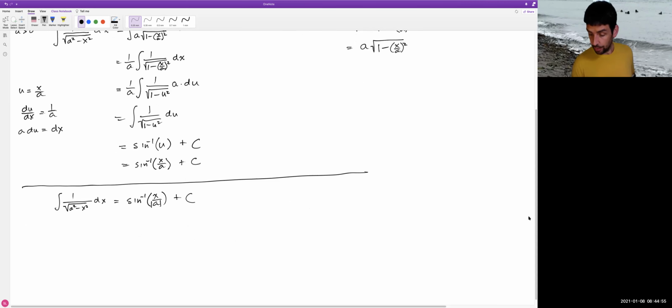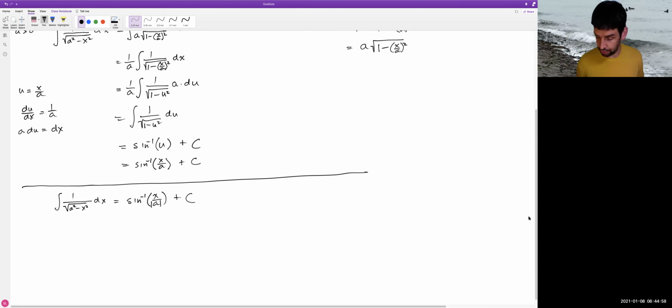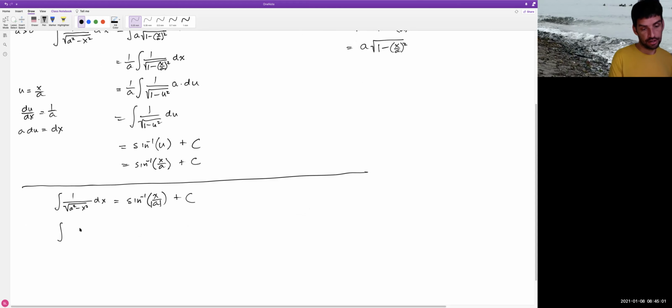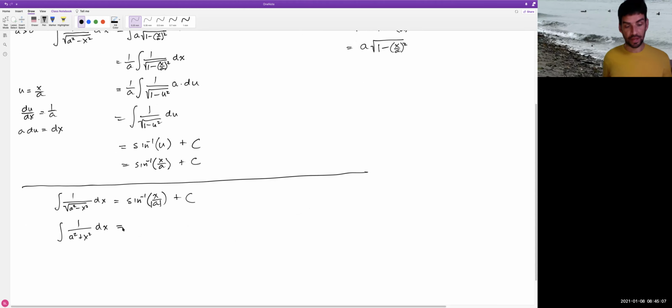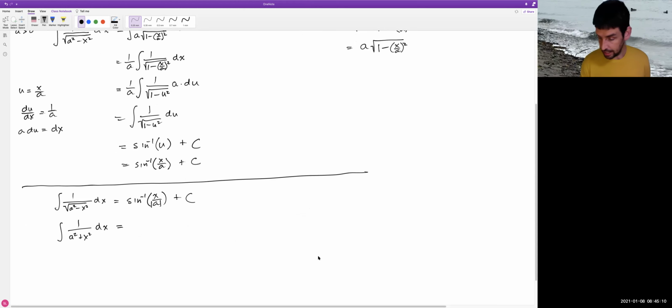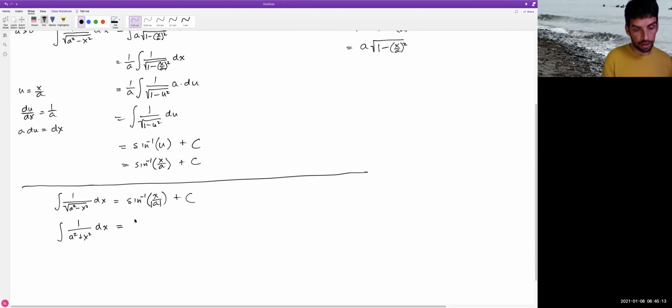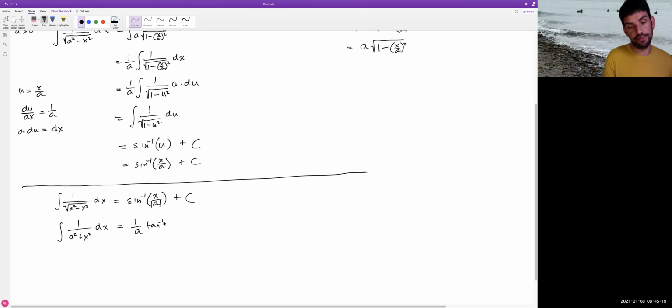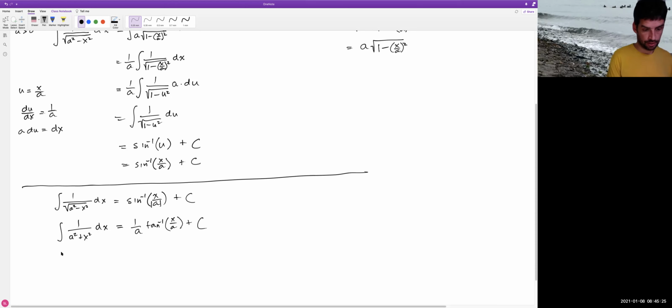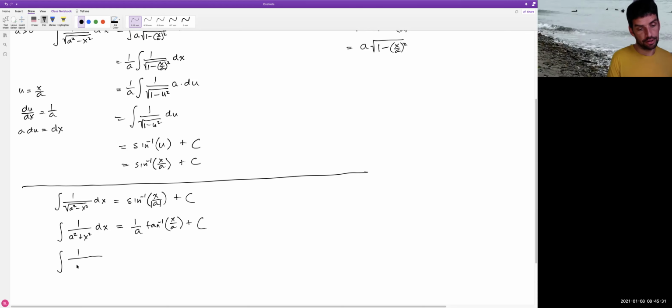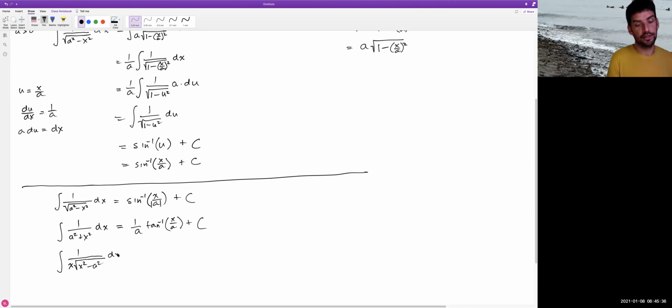In a similar way, we can get rules for some of our other inverse trig functions. So for instance, if we see something of this form, we end up with 1 over a tangent inverse of x over a plus c. And then one more, we'll have 1 over x times the square root of x squared minus a squared dx.